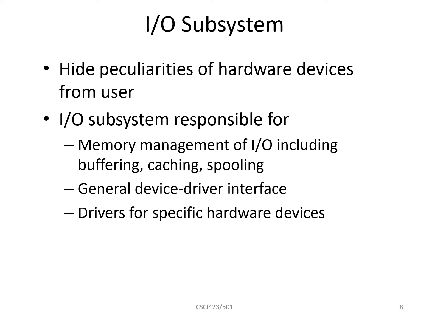Then those data need to be temporarily buffered in the main memory or in the network card until the CPU becomes available to process them, right? And for caching, since the speed of the hard disk or the keyboard is slower than the main memory and the CPU, if you keep reading or writing data out, we may need to cache them temporarily so that later when you need to revisit those data, you don't need to go back to the hard disk.